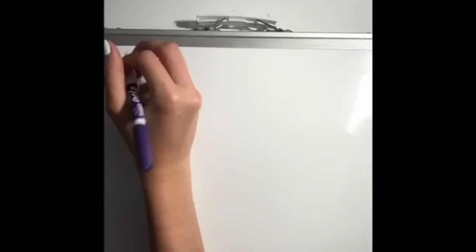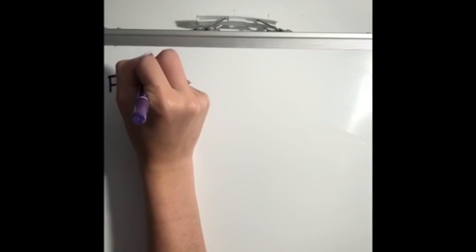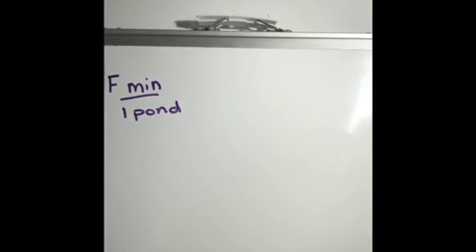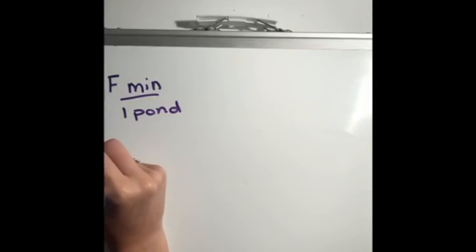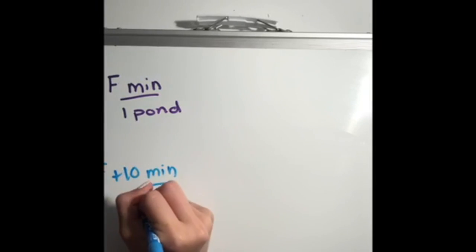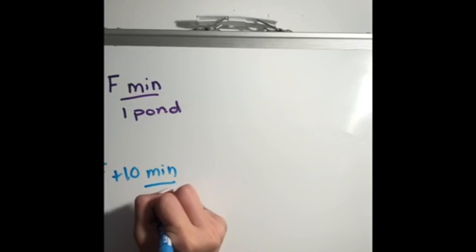So for our first equation, we will write f minutes, so for faster it's f. It'll take f minutes to fill one pond, and it will take f plus 10 minutes to fill one pond with the slower hose.